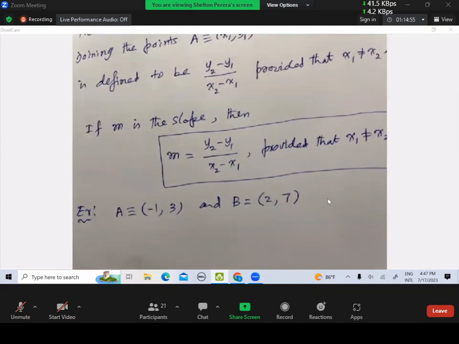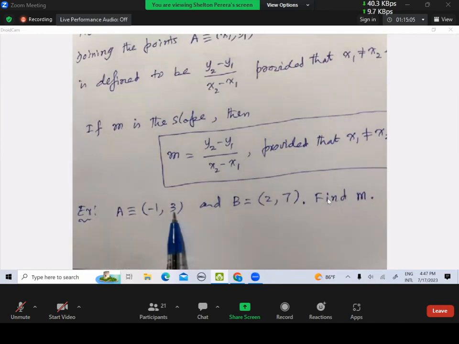Find m. Let A be this and B be this. Find the slope of the line joining these 2 points. Using the above, you don't need to draw a diagram.